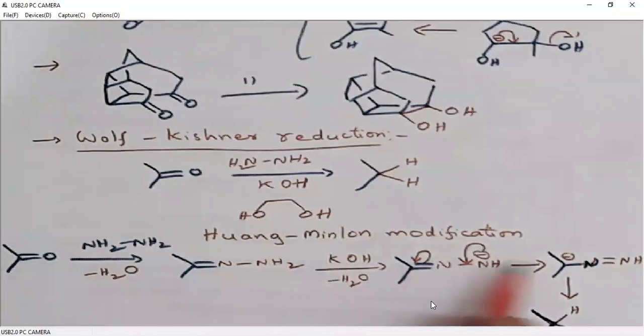Now the same step repeats. That means KOH will pick up a proton here. Yeah, you can take the notes. Okay, it is a similar step. So KOH will pick up this proton.